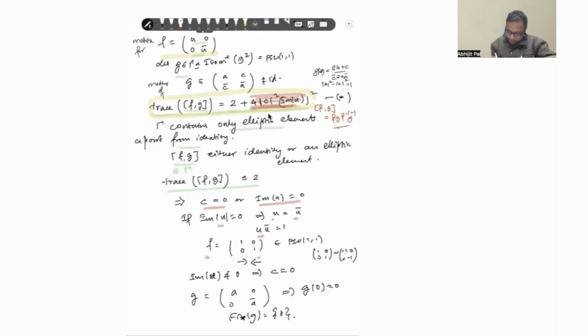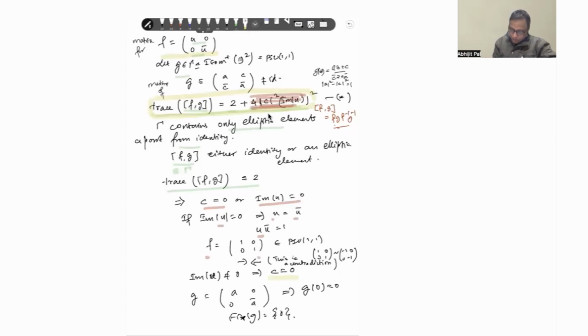So this is a contradiction, because the identity matrix is not allowed here, since f is not identity in PSU(1,1). So the imaginary part of u is not equal to 0, and that will imply that c is equal to 0.